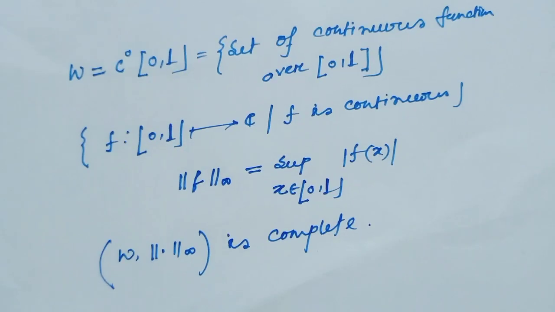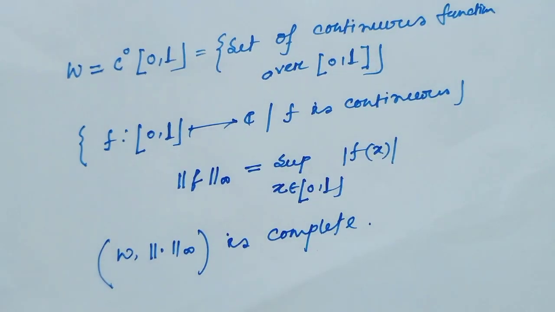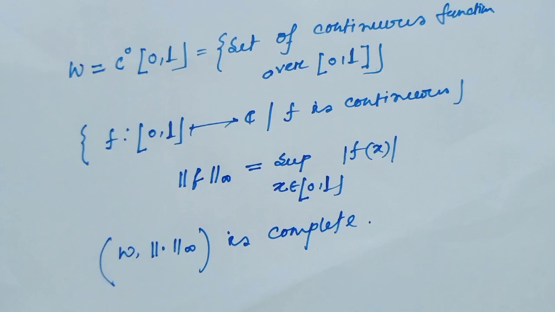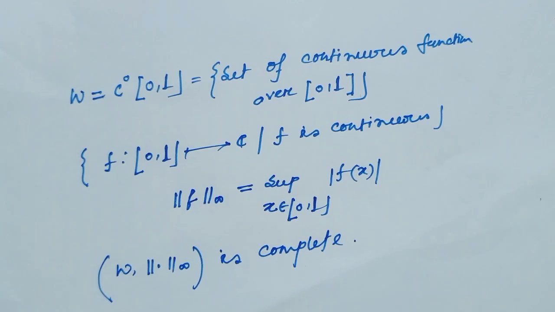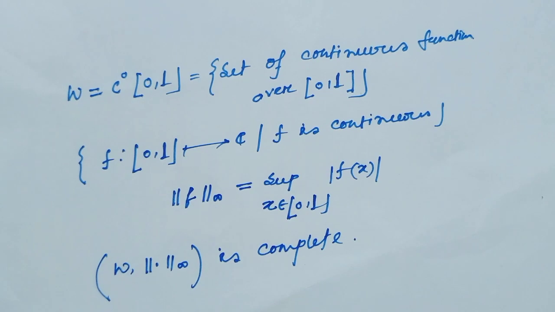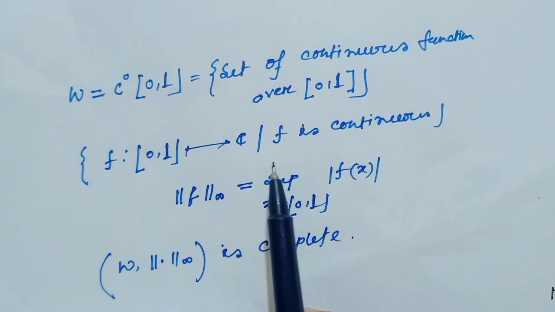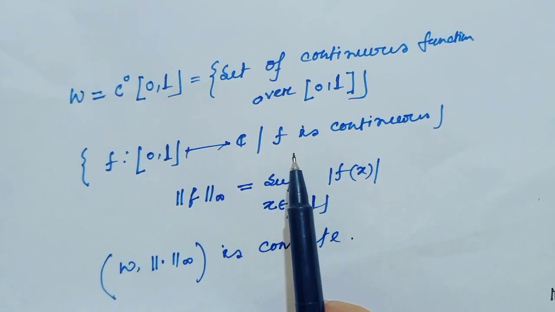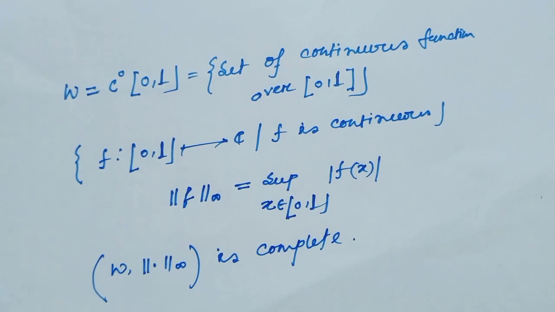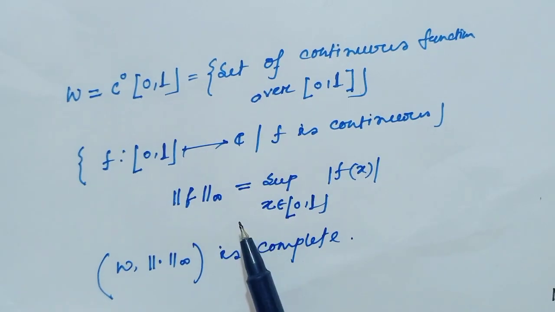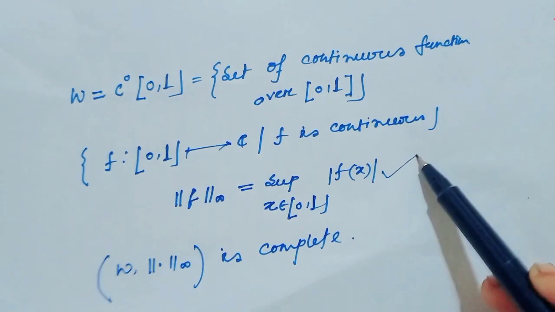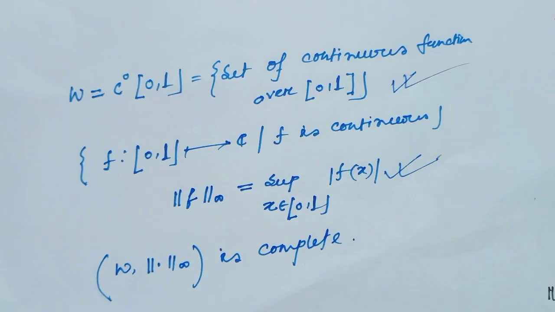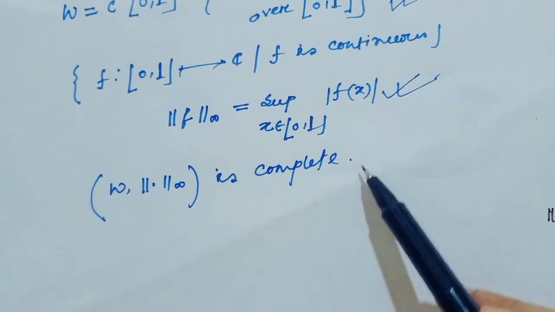Next example, consider W equal to C[0,1], which is the set of continuous functions over the closed interval [0, 1]. Now consider a mapping f from [0, 1] to the complex numbers C such that f is continuous, and consider the sup norm. We all know that in this norm the space C[0,1] is always a complete metric space.